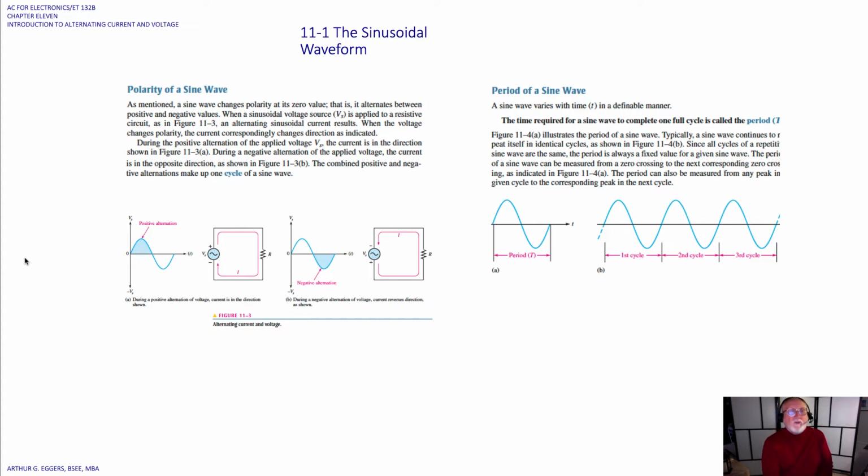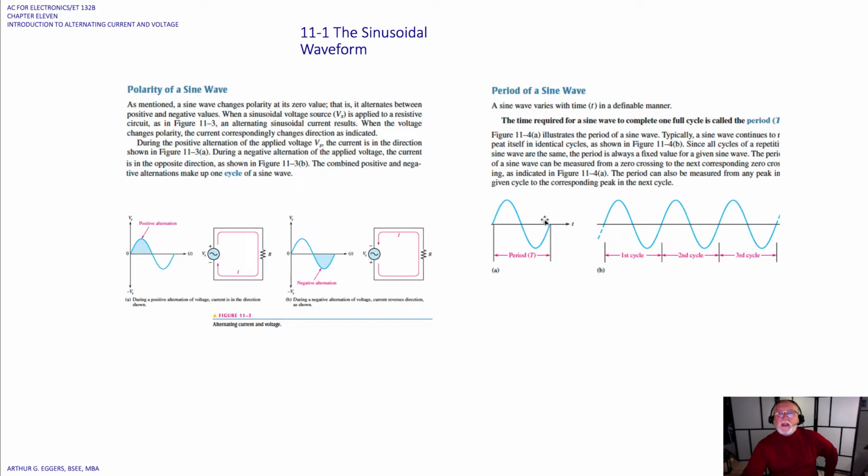In this case, for a voltage, it's across the resistor, what the maximum voltage is going to look like, positive or negative. So the next thing we have to look at and understand is if we have a multitude of these sine waves from zero back to zero again, or one complete alternation, as you can see on the right here in the figure, we identify that as the period of the sine wave.